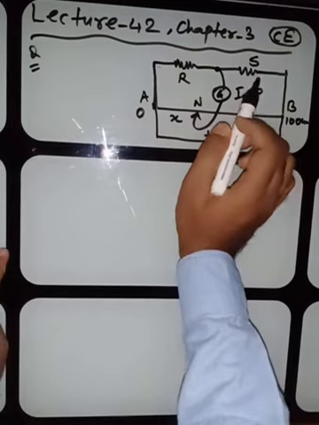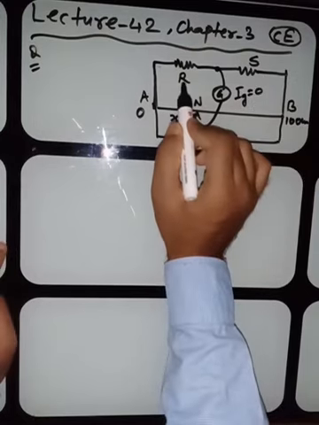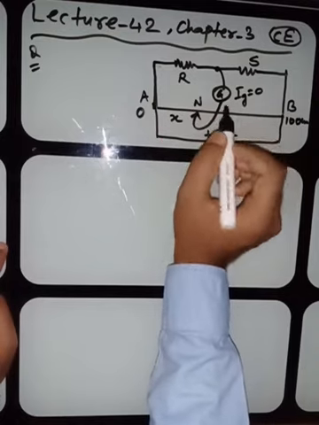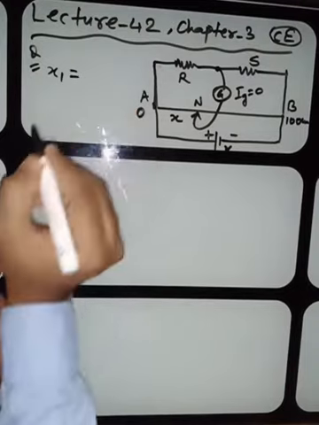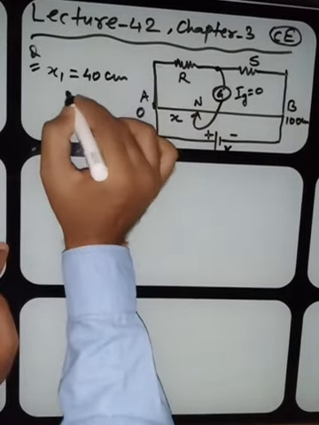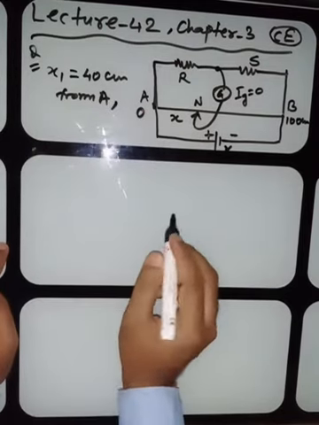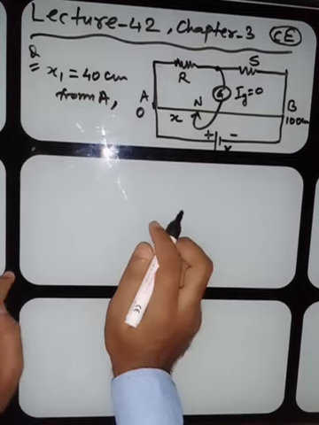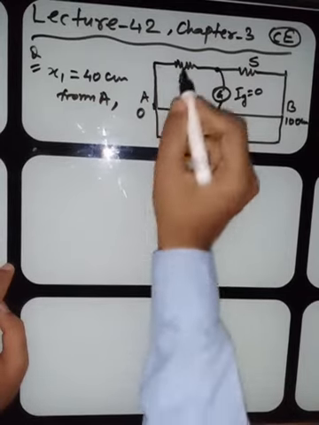So in this question it is given, using these two resistances R and S, we find the balance length. Suppose the first balance length is 40 centimeter from A.